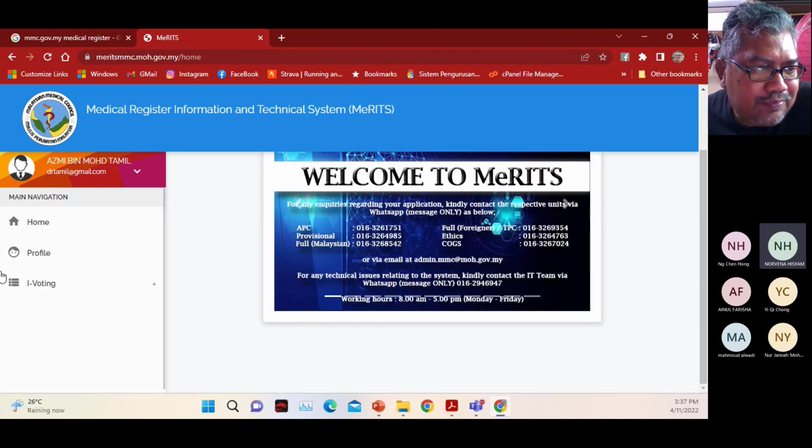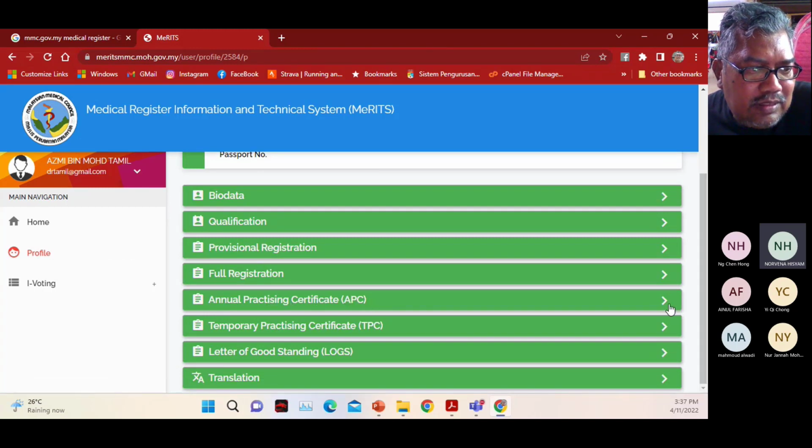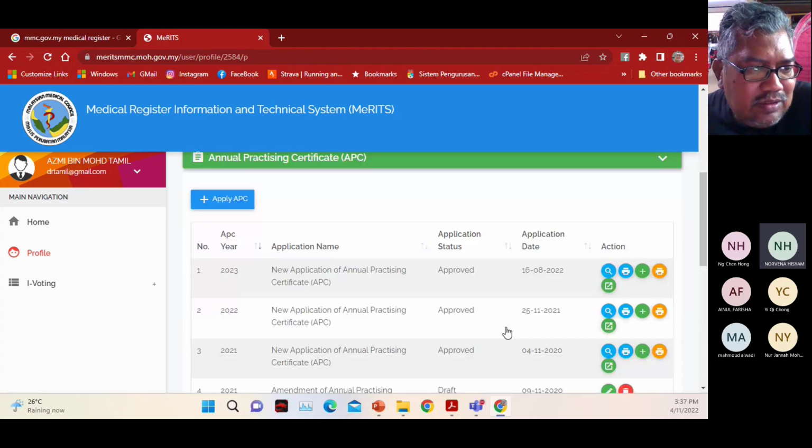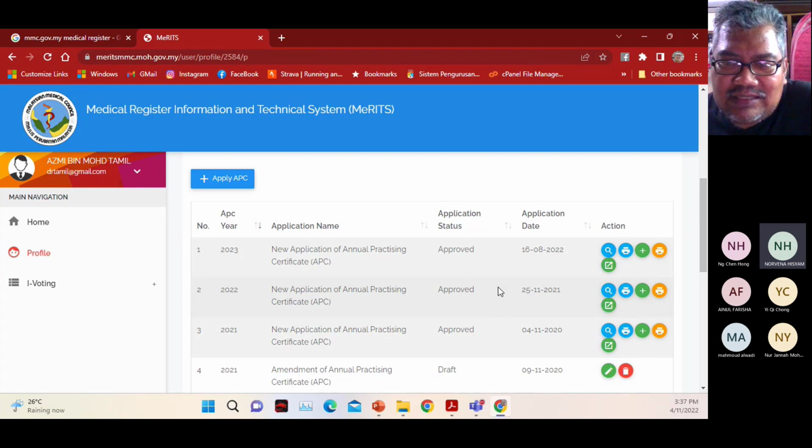To be registered, I have to make sure I have medical negligence insurance paid. The insurance we have to pay depends on the type of practice. If I'm an O&G specialist, my insurance is about 40,000, 50,000 a year. If I'm just a medical lecturer, just teaching medicine, and I want to retain my license, my insurance is about 2,000 ringgit a year.